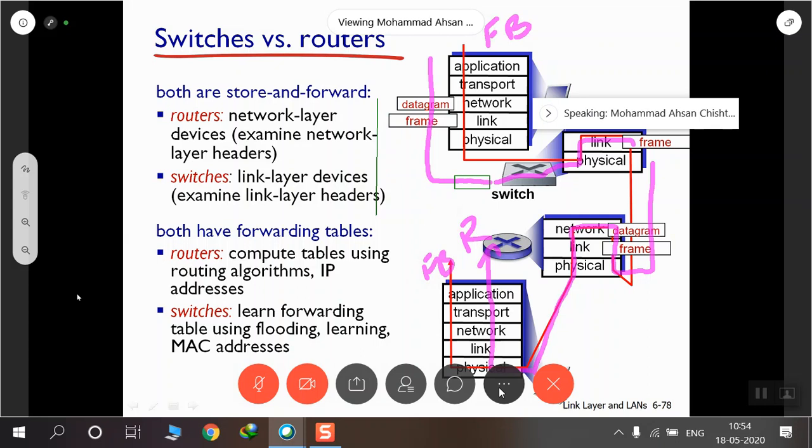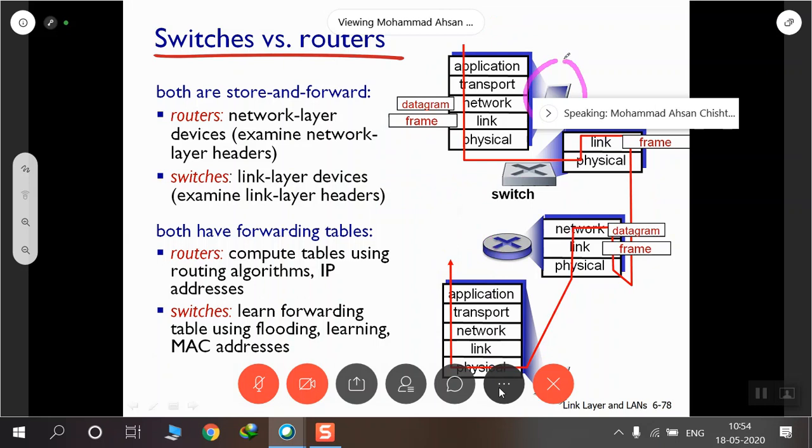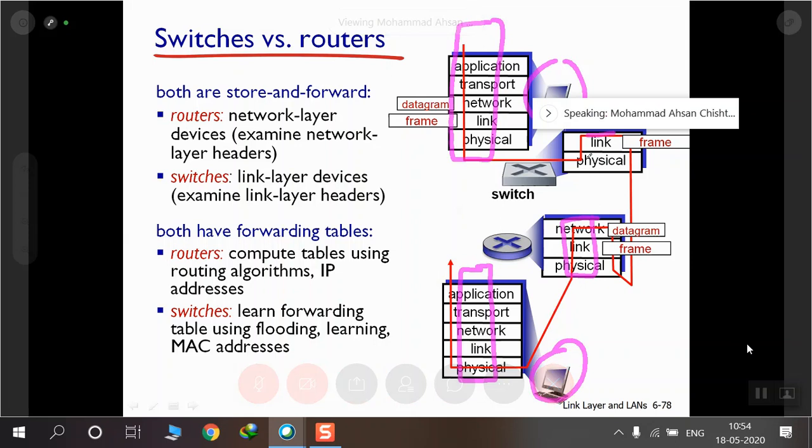Now, a few things you have to keep in mind: this terminal and this terminal have all of the protocols available here and here. They have the full protocol stacks. Whereas intermediate devices, some have 3 layers, some have 2, and some have only 1, that was the hub.